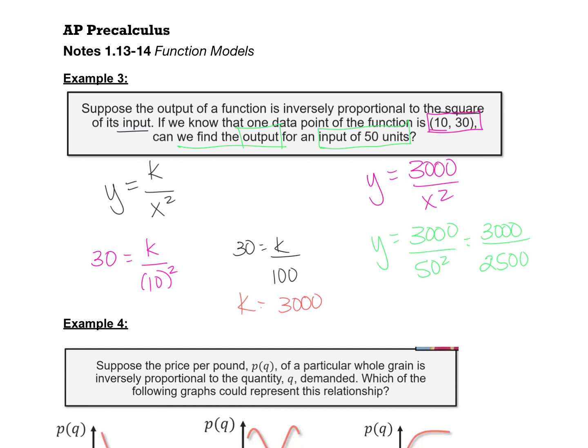Three over 25, or 1.2. Okay, so you got to find k. Question about that?